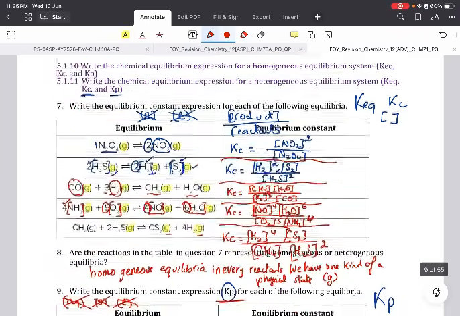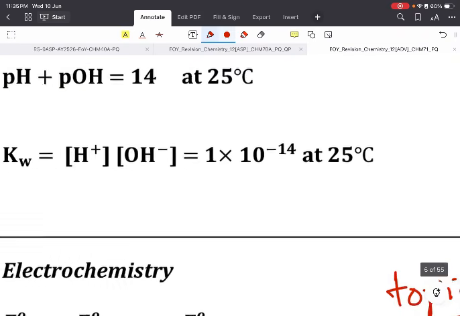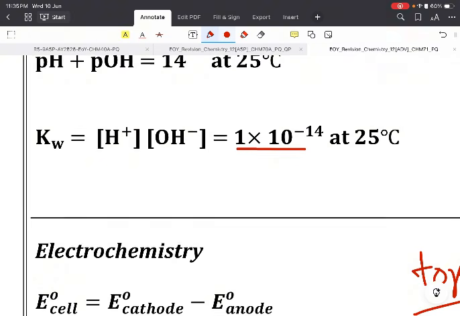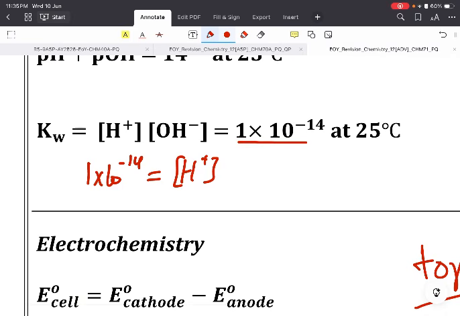If I show you the formula sheet over here, I have Kw, and I have H plus and OH minus multiplied by each other, giving me 1 times 10 to the power negative 14. If they are telling me that these two are equal, it means 1 times 10 to the power negative 14 is equal to H plus squared, since H plus and OH minus are equal in neutral.